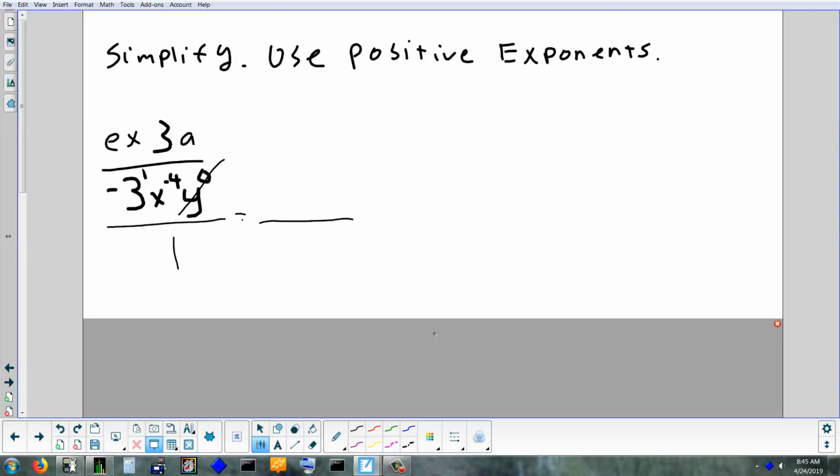The base, negative 3, is the base. It's not the exponent. The exponent's still a positive 1. Do I need to move that? No. So that negative 3 can just stay on the top. Remember, we're only moving negative exponents, not negative bases. Even if I have a negative exponent with a negative base, the base will stay negative. The only thing that becomes positive when you move it is the exponent.